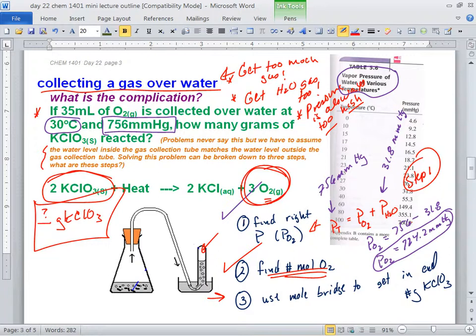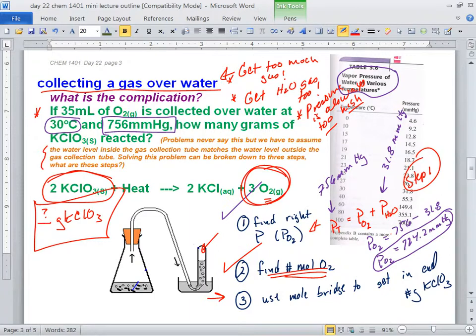And then they're going to tell you the pressure that they measured. That's too high. So the first step, subtract from that total pressure the pressure that you find in the table for water. Then use the ideal gas law to find the moles of the gas you collected, because now you have the right pressure. Last step, use the mole bridge to get it into what you're interested in.